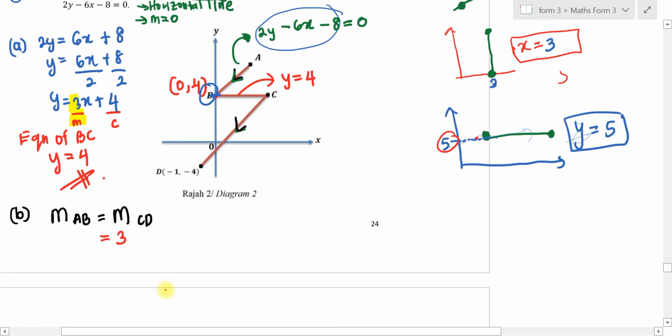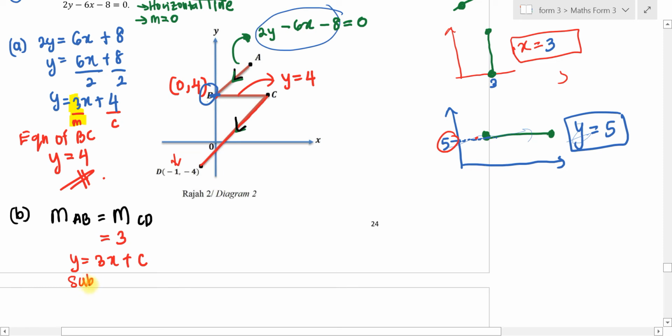Now you create it directly: y equal to mx plus c. m is 3, so 3x plus c. To complete this straight line equation, you need a point to substitute. On CD, the point is (-1, -4).